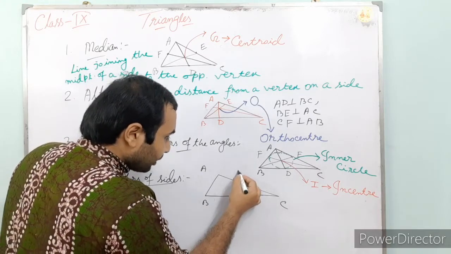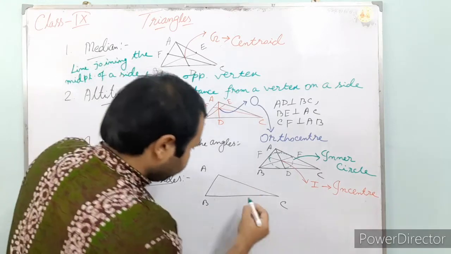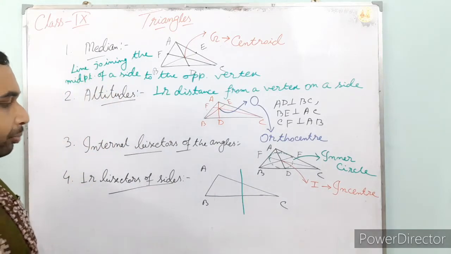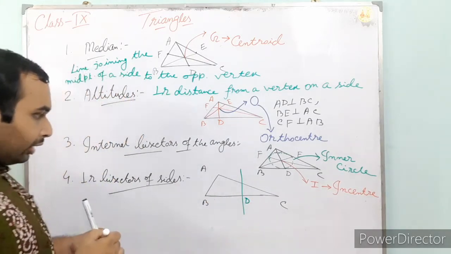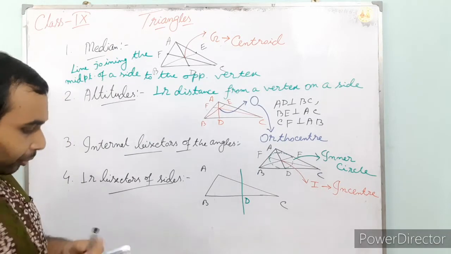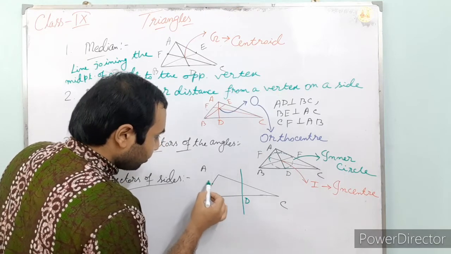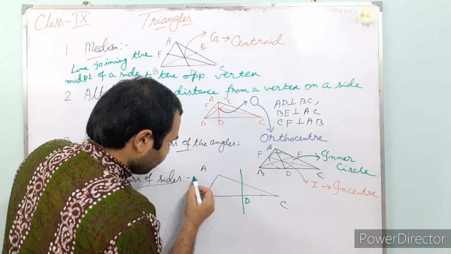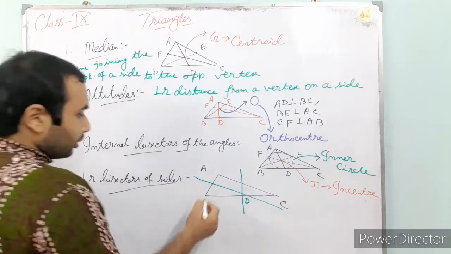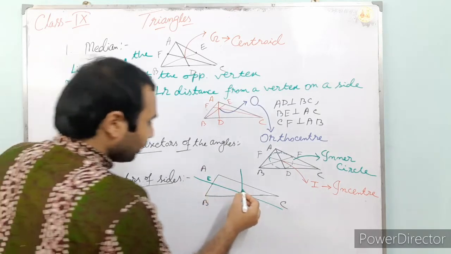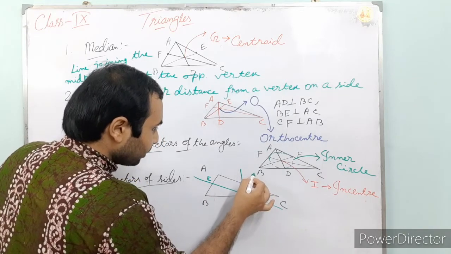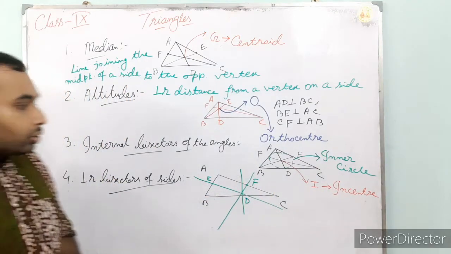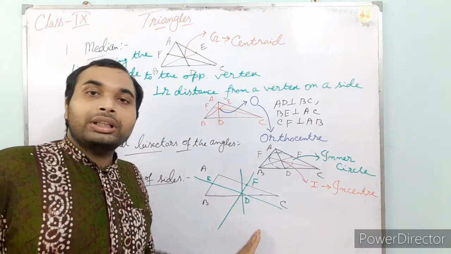So BC is the side. Suppose this is the midpoint, so this is the perpendicular on that midpoint, and I am naming this as D. Then if this is the midpoint, and also it should be the perpendicular, this is the point E, and if this is the midpoint, this is F. So those are the perpendicular bisectors of the corresponding sides.